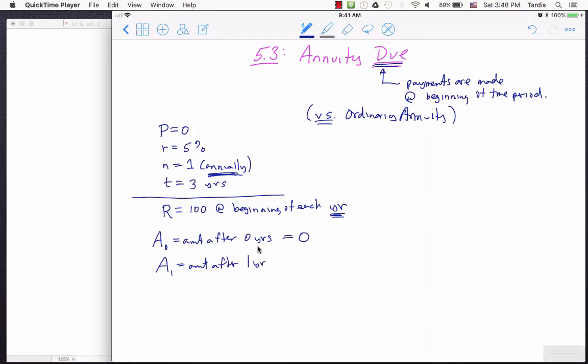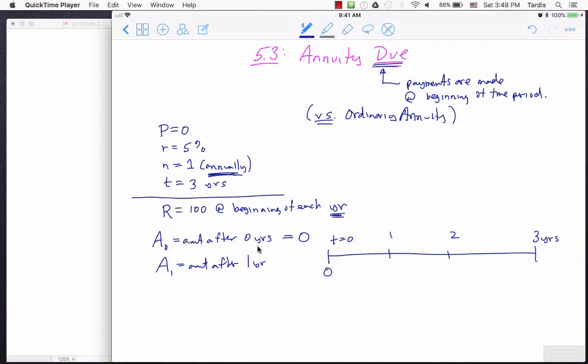So let's take a look at how this is going to be different in the timeline. At time 0, you've put 0 money in, and we're trying to work our way across here to 3 years. Here will be end of year 1, end of year 2, end of year 3.